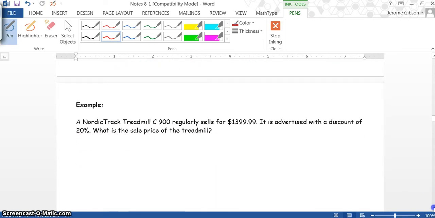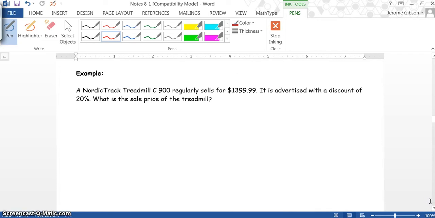Okay, now we come here to the example. A Nordic Track treadmill C900 regularly sells for $1,399.99. It is advertised with a discount of 20%. What is the sale price of the treadmill? So we have X is equal to $1,399.99 multiplied by 20%, which is 0.20.